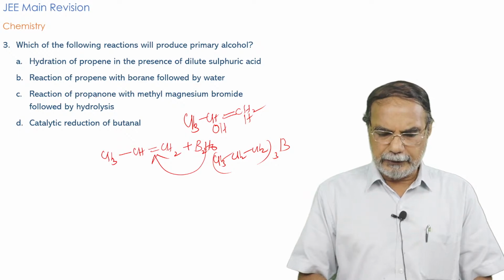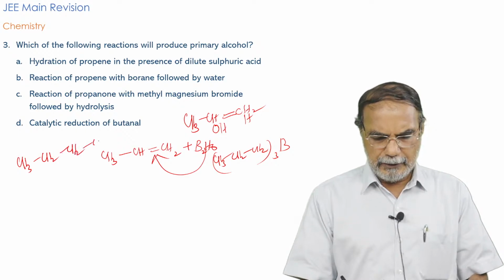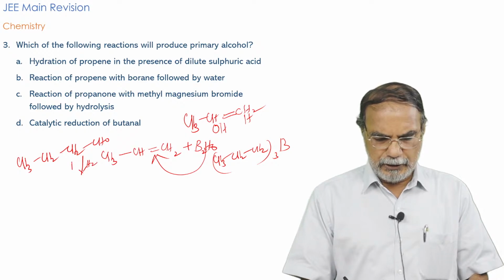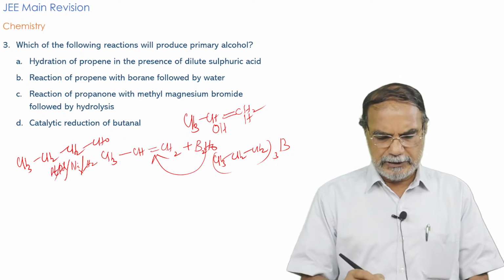It is catalytic reduction of butanal. Butanal is an aldehyde. An aldehyde on reduction by hydrogen in the presence of a catalyst like nickel, for example, or a catalyst like palladium, or even platinum as a catalyst.